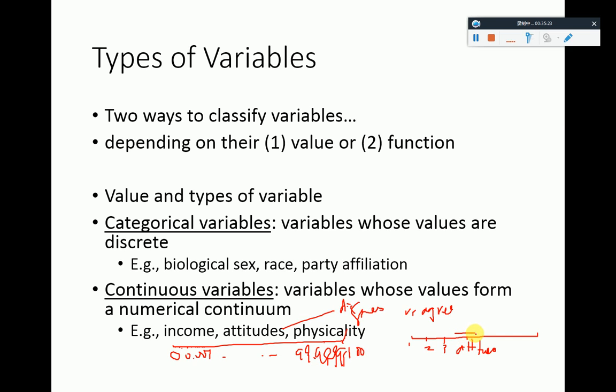And once I get past 4 and move on to 5, I become slightly in agreement with an issue, and all the way to 7, that I very much agree or totally agree with the issue.